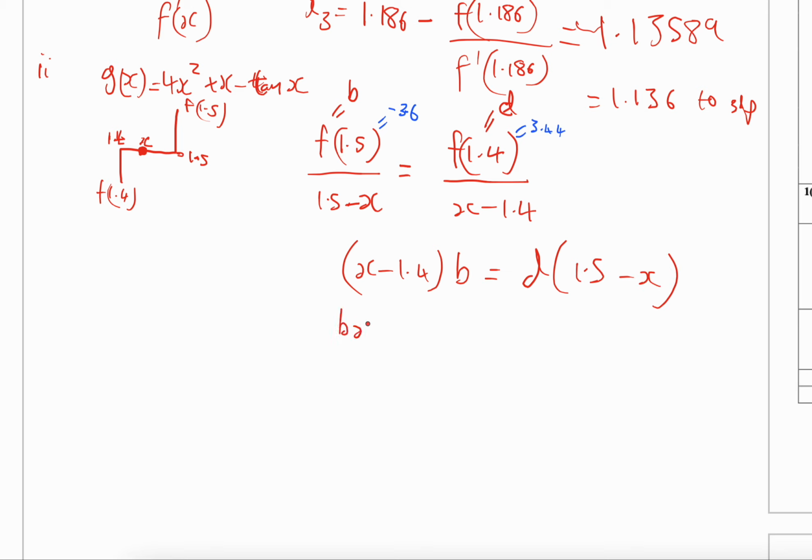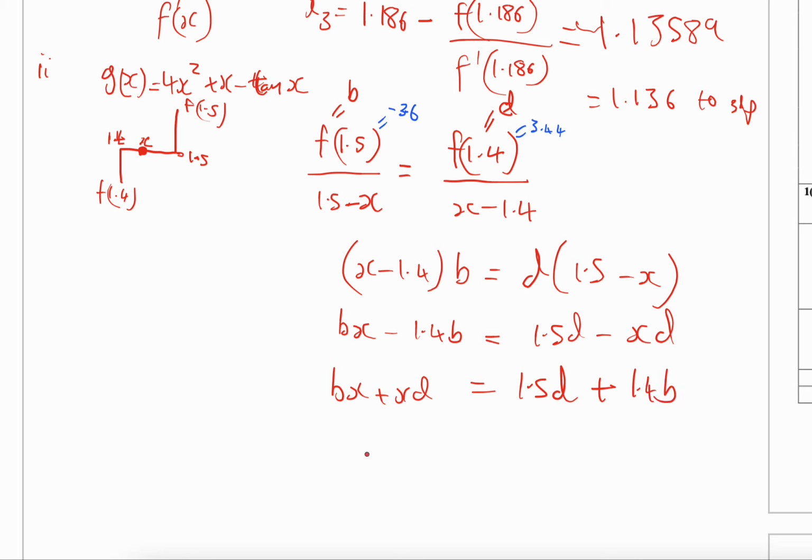Multiplying out, you get bx minus 1.4b equals 1.5d minus xd. So bx plus xd equals 1.5d plus 1.4b. Therefore x is 1.5d plus 1.4b over b plus d.